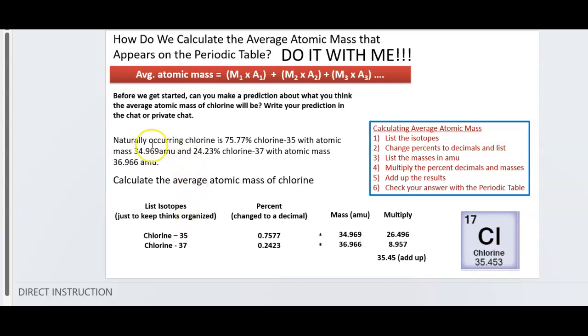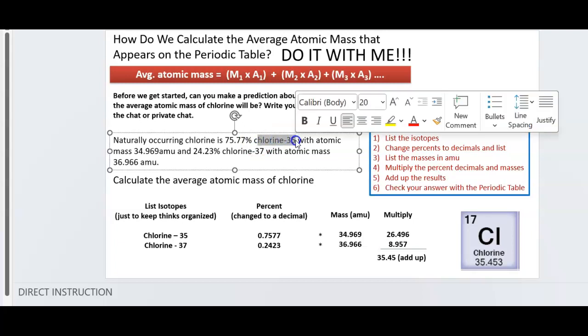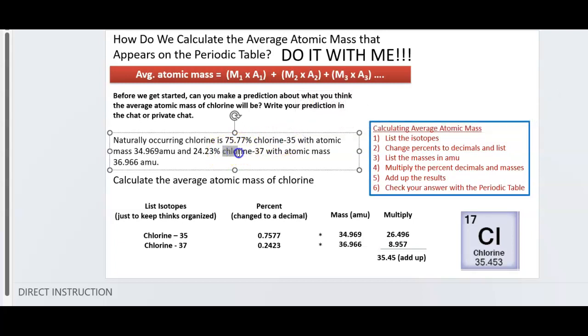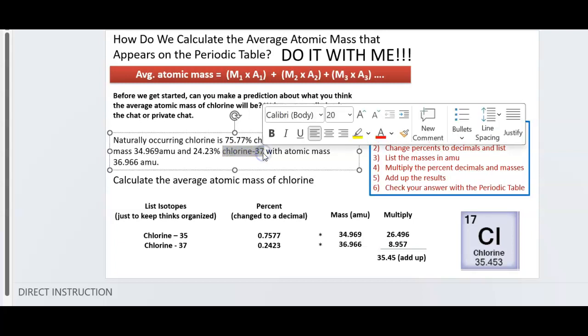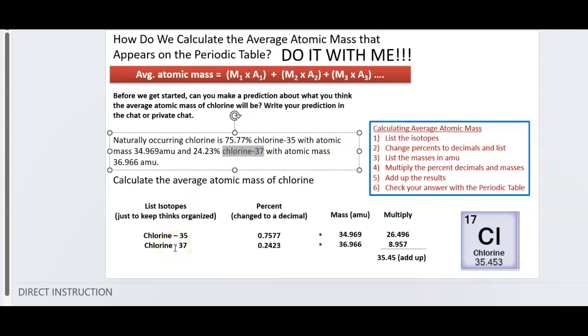The problem says naturally occurring chlorine is 75.77% chlorine 35 with atomic mass 34.969 AMU and 24.23% chlorine 37 with atomic mass 36.966. So the isotope names are chlorine 35 and chlorine 37. All I'm doing is listing those out in my first step, keeping myself organized.